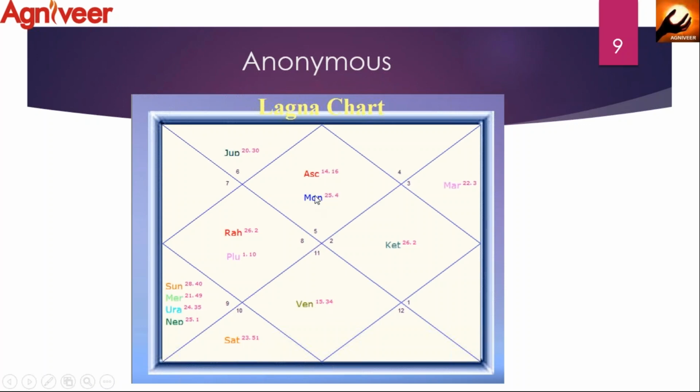And see, there is a mutual aspect between Moon and Venus. This trend that I've seen of Moon and Venus is very common among those people who are quite good looking. She was also one of the very good looking females of our batch, or of the colleagues that I know.